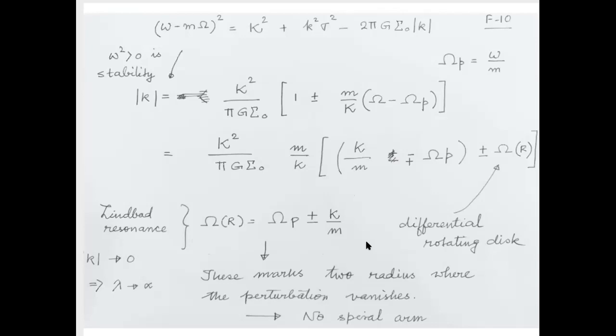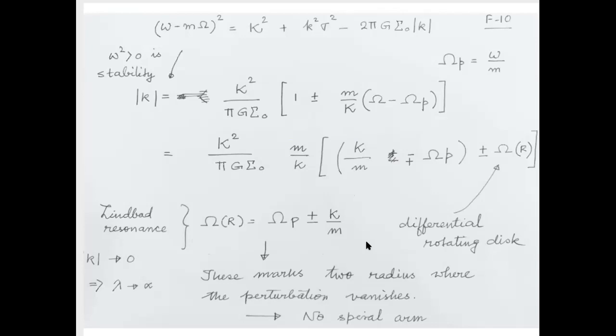Okay, this gives us the end of today's lecture. What we have learned is how to analyze the disk. We have seen that a disk is stable when m equals 0 if you have both rotation and random motion.